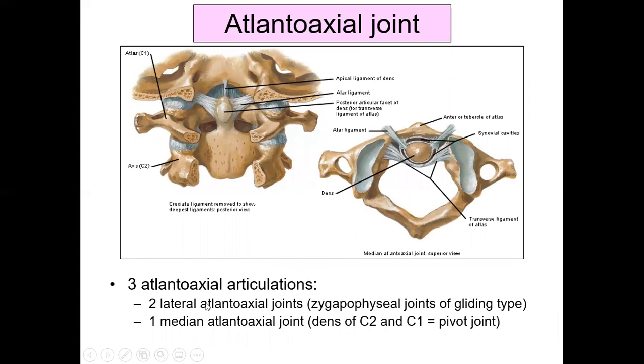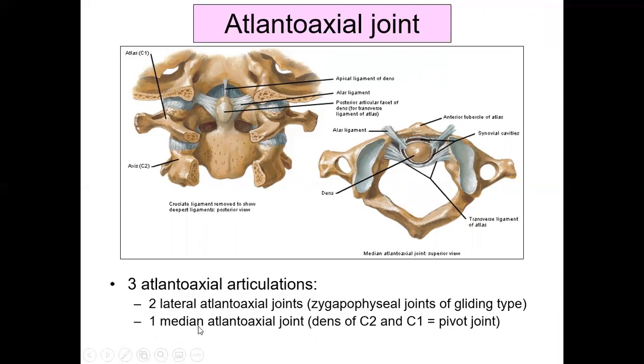And then there are three atlantoaxial articulations involved here. Two lateral atlantoaxial joints. If you see here, we have two lateral atlantoaxial joints, and these are zygapophyseal joints of the gliding type, between the C1 and the C2.